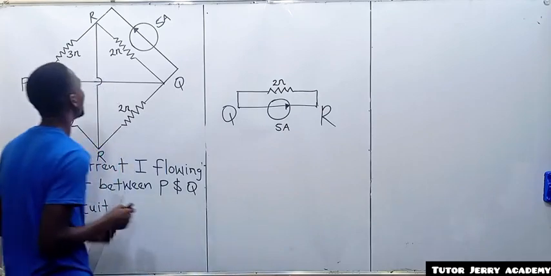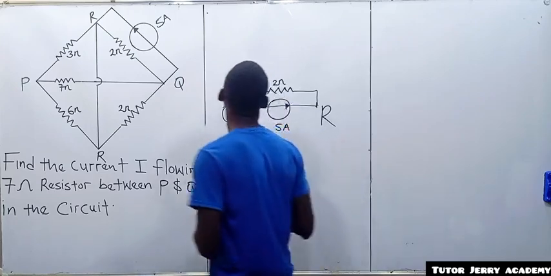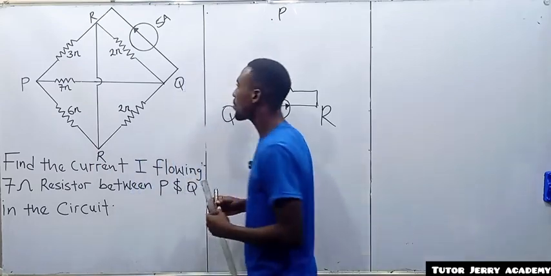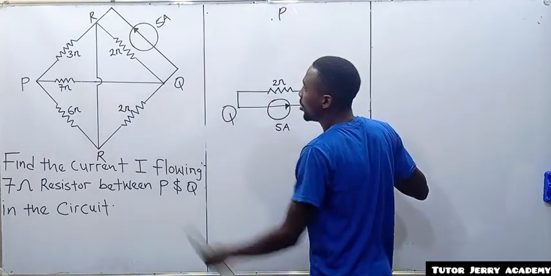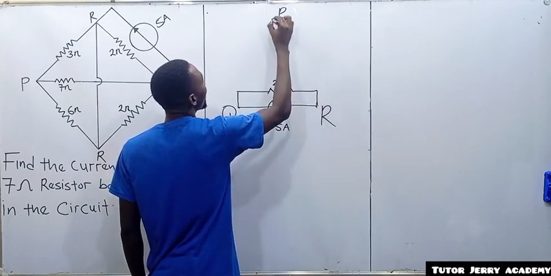All right, now again we are having point P, so let's put P to be here. Now PR is what? 3 ohms.